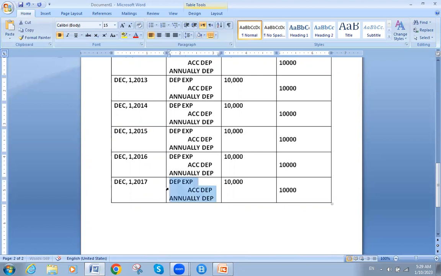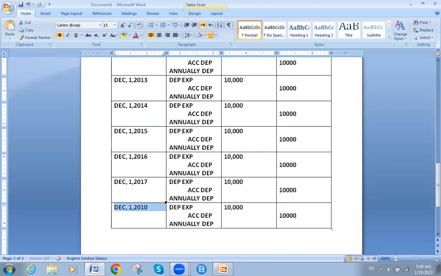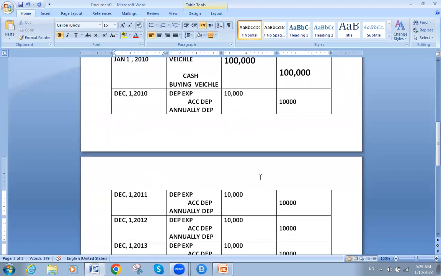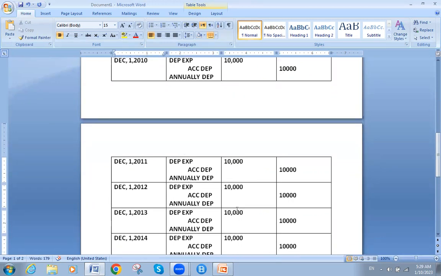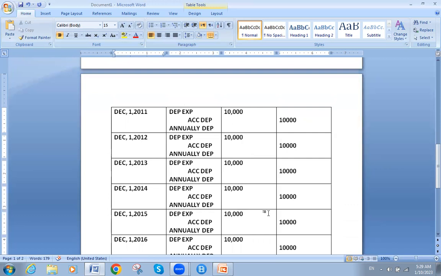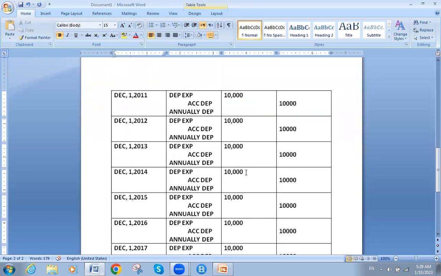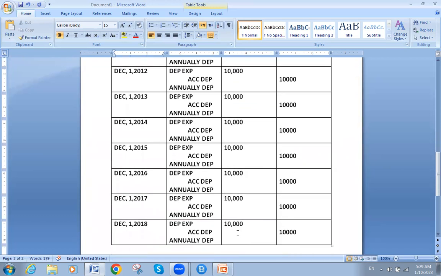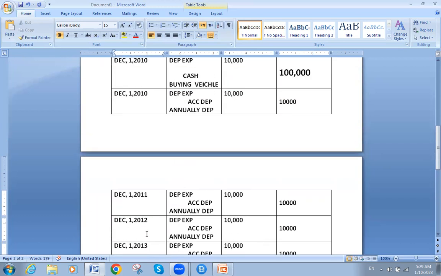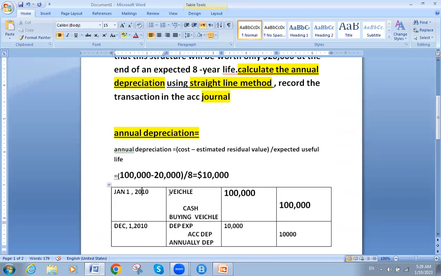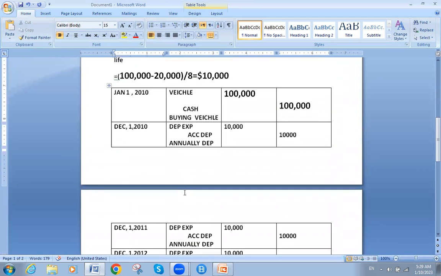Then the next one, Control and V, December 18. So let's count now: 1, 2, 3, 4, 5, 6, 7, 8, 9, 10. Here we got it, because we started on 10 and the estimated life is 18.